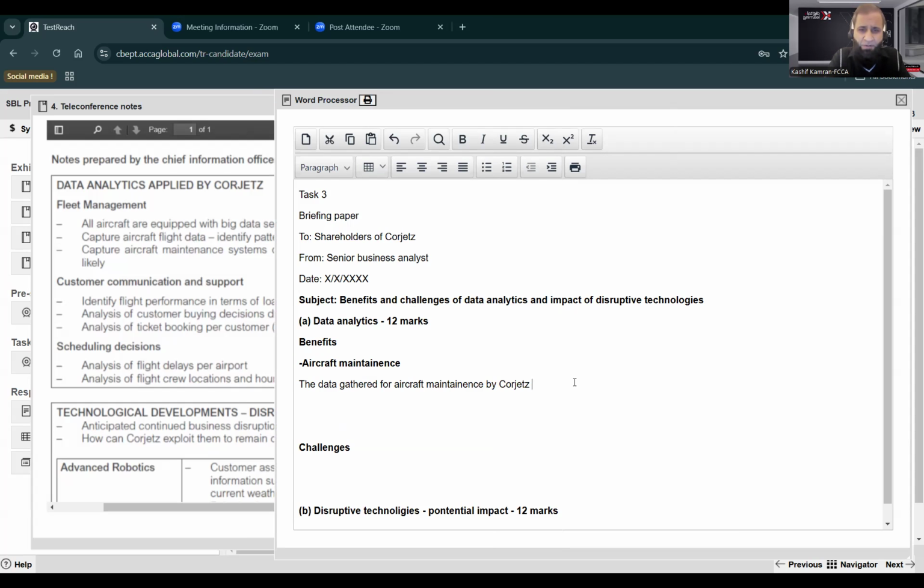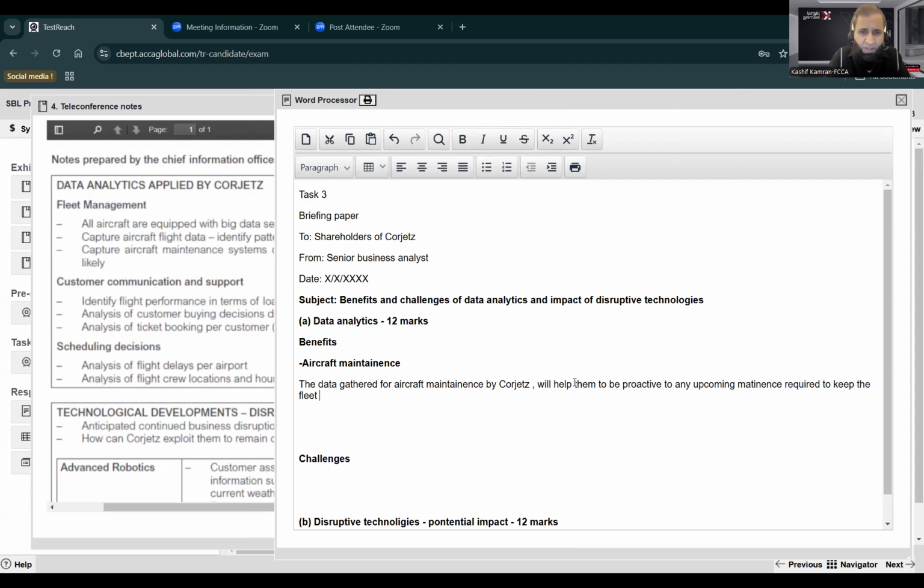The data gathered for aircraft maintenance by Corjets will help them to be proactive to any upcoming maintenance required, to keep the fleet up to date and operational.